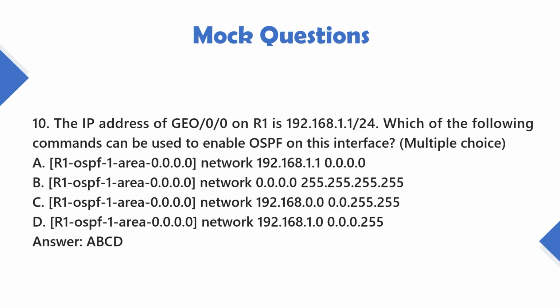C. R1 OSPF1 area 0.0.0.0, network 192.168.0.0 0.0.255.255. D. R1 OSPF1 area 0.0.0.0, network 192.168.1.0 0.0.0.255. Answer. A, B, C, D.